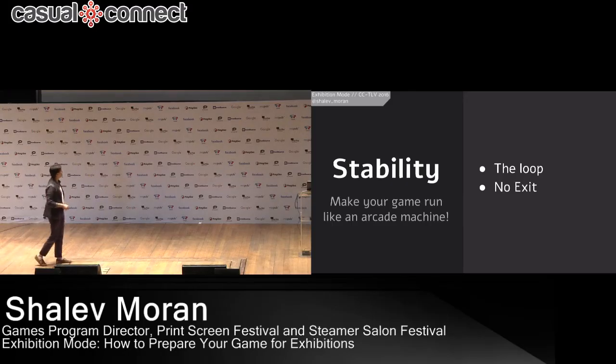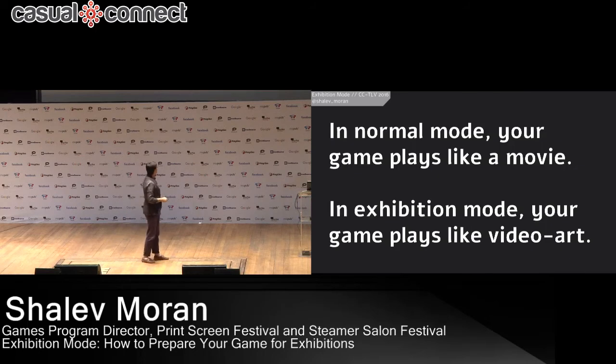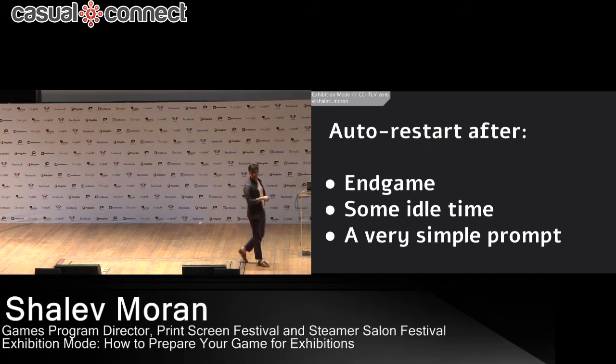So we're going to cover loop and the question of exiting. This is a nice metaphor, but we're not going to linger on that for now because we don't have a lot of time. Yes, loops. Make your game restart in 3 types of scenarios.